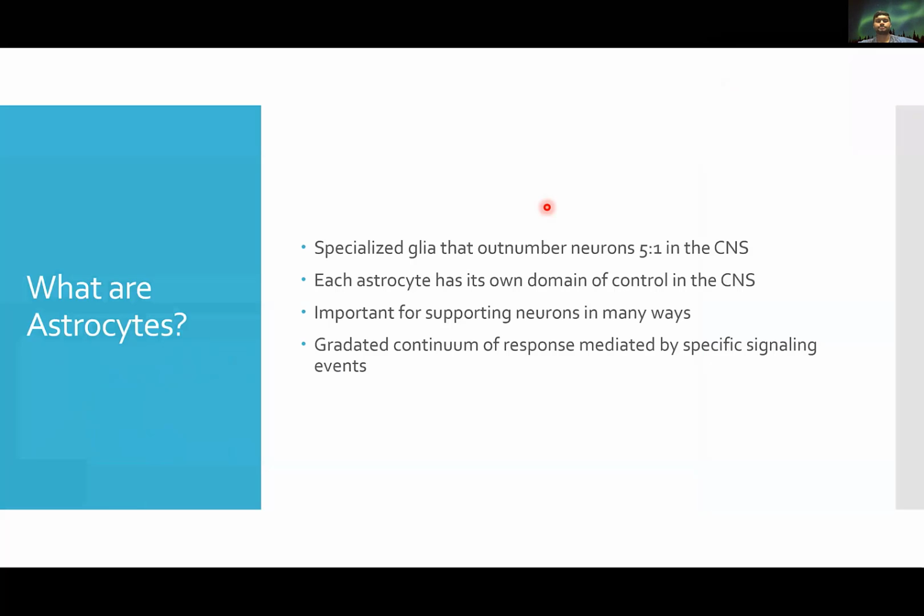But to get started, what are astrocytes, right? Well, for one, they are specialized glial cells that outnumber neurons 5 to 1 in the CNS. But what is their actual function? Well, that's actually kind of hard to explain because they do almost everything else that microglia and ependymal cells don't do.